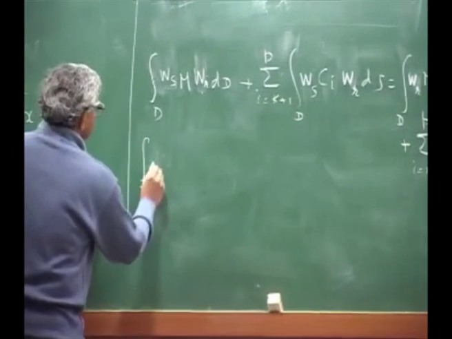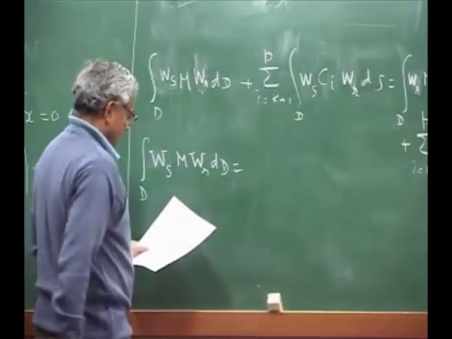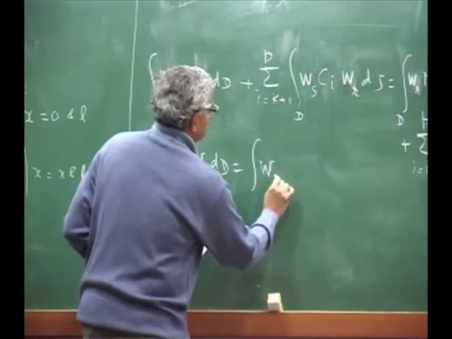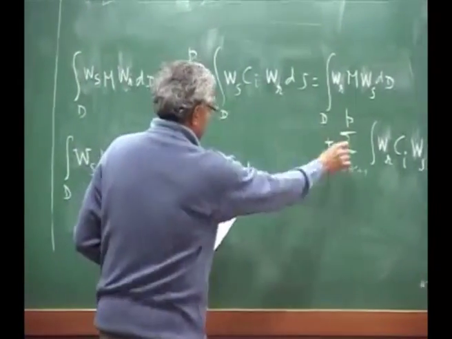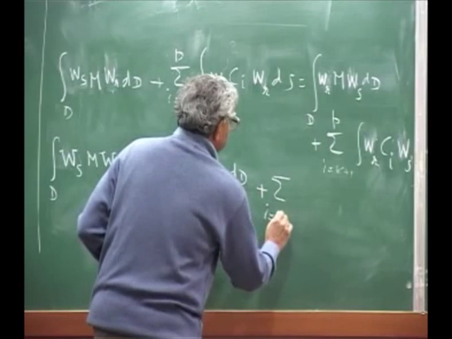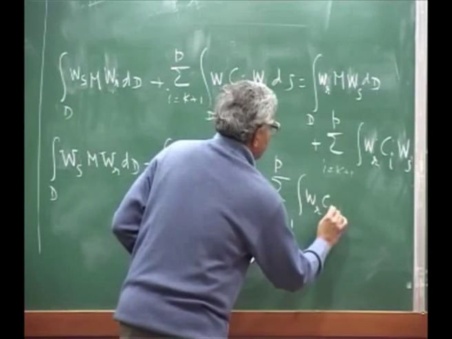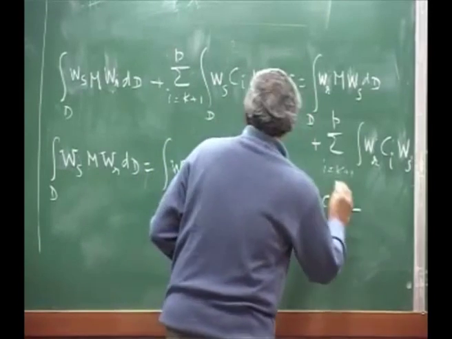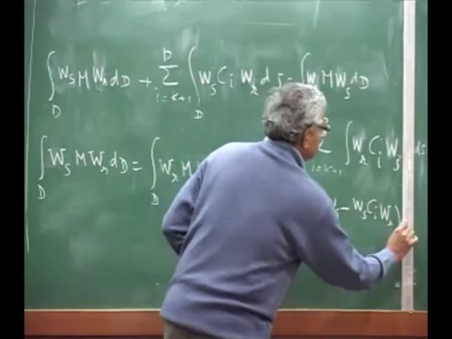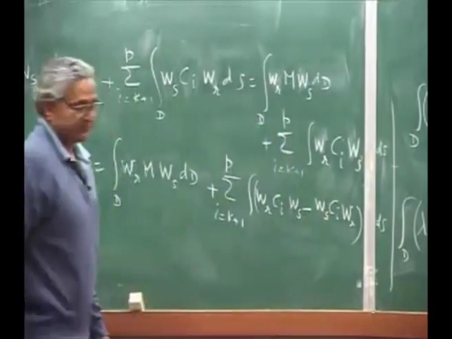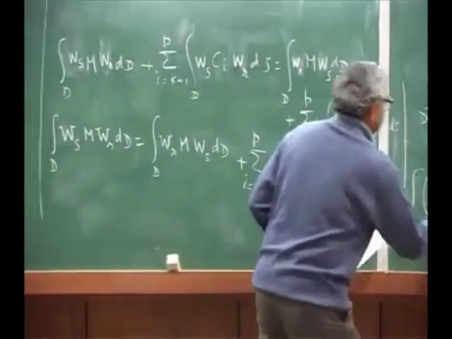I will have integral of Ws M Wr over the domain is equal to integral of Wr M Ws over the domain plus summation i from k plus 1 to p of Wr Ci Ws minus this term will come Ws Ci Wr dS. Okay. Lambda r. Okay.